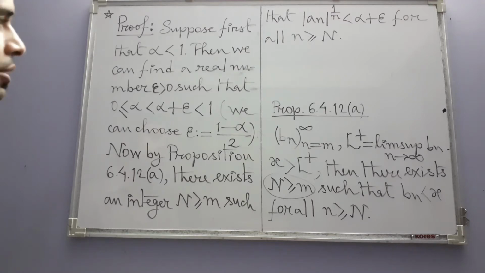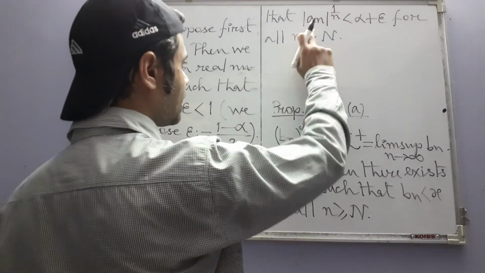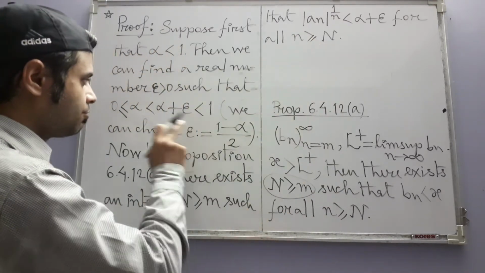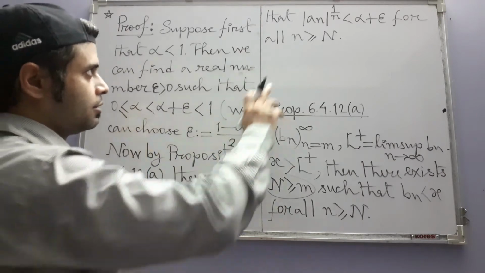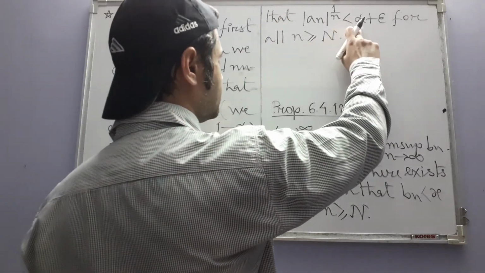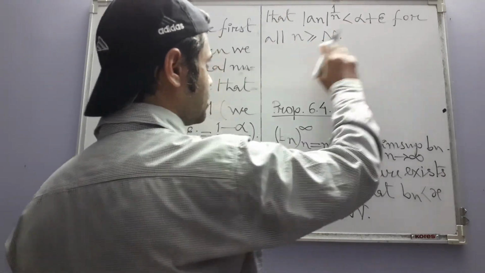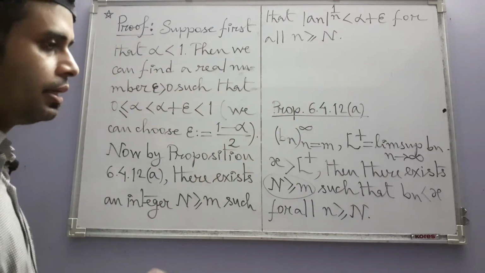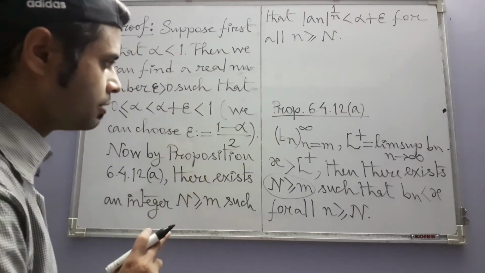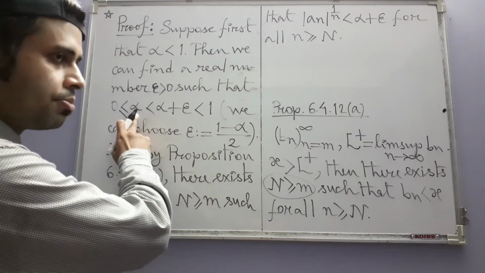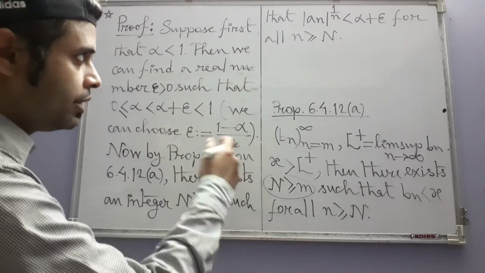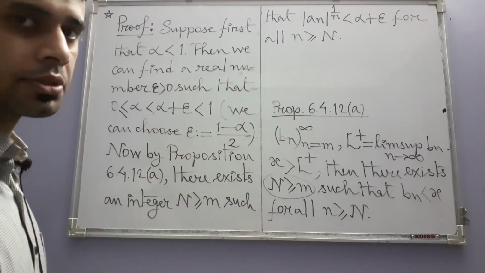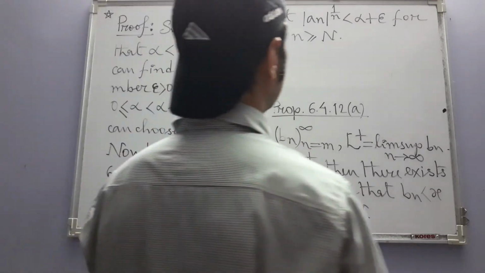Okay, so that means all the terms of our original sequence of which the limit superior is alpha are less than alpha plus epsilon starting from this stage. In other words, our sequence of which the limit superior is alpha is eventually less than alpha plus epsilon, right?